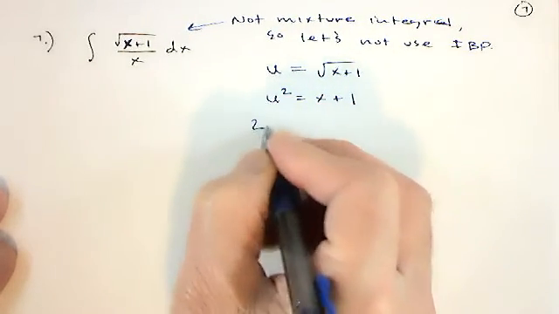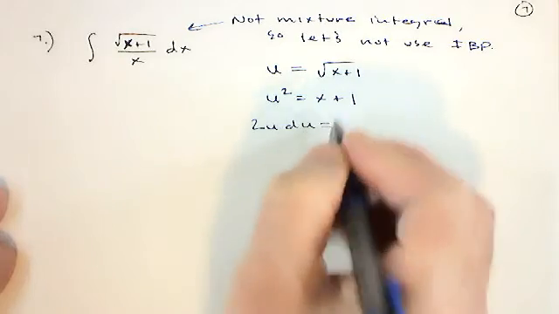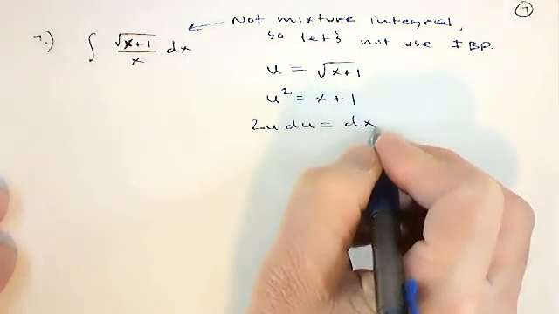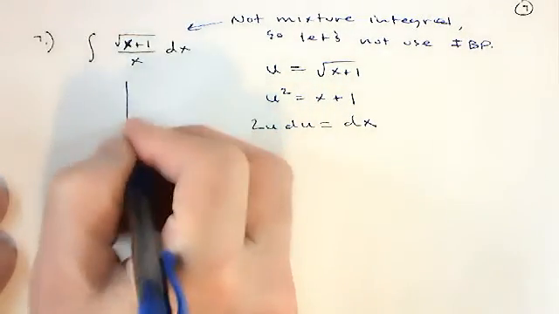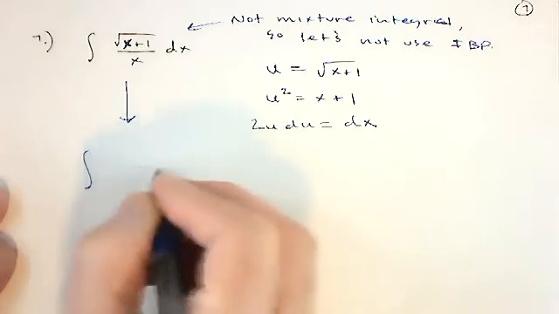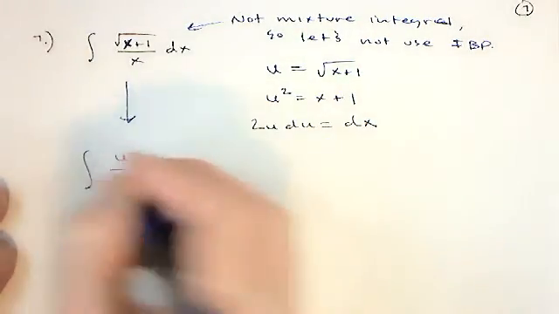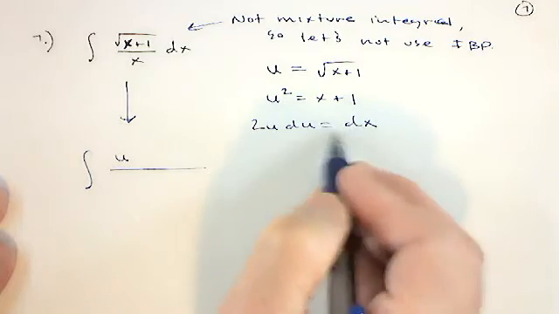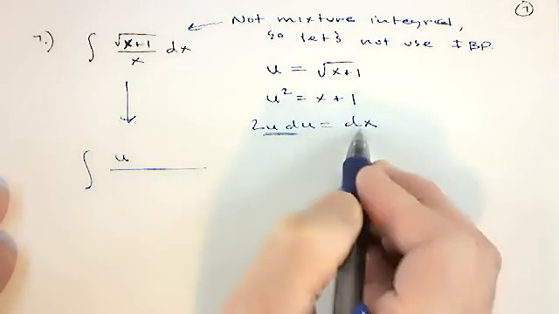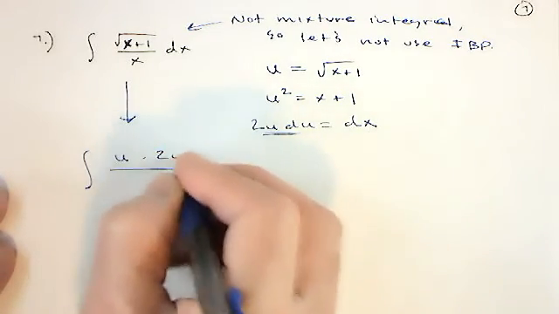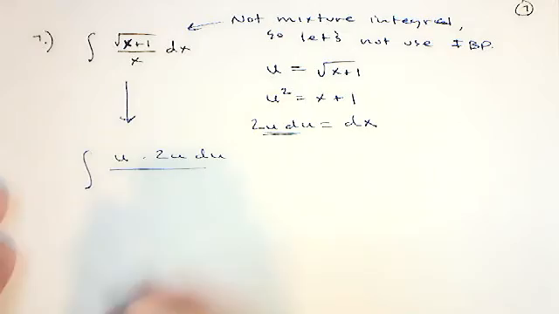So the derivative of the left side is 2u du. The derivative of the right side is just dx. So let's see where we're at. This root x plus 1 is u. I actually have it solved for dx now, right? dx is 2u du, so times 2u du.